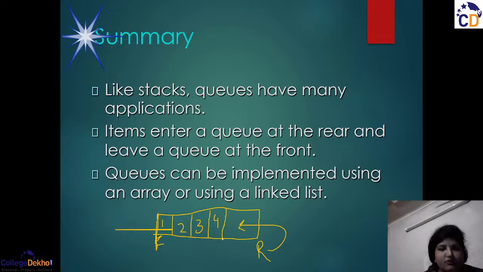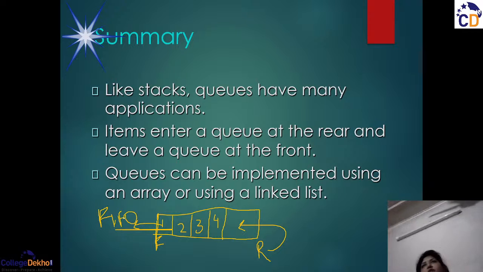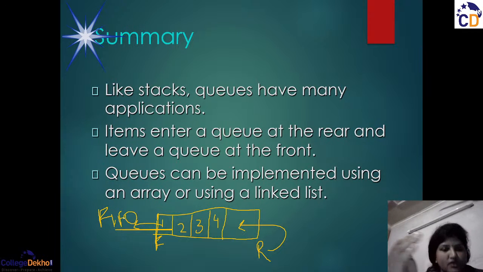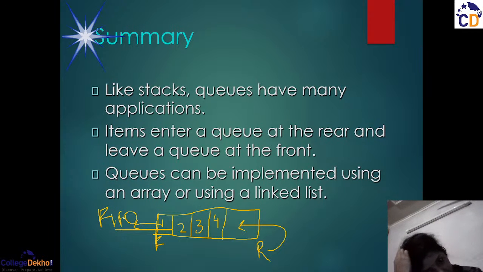Have you observed which type of sequence it is maintaining? The element which is first inserted is coming out first. It follows FIFO order. First in, first out. So it is very important when we talk in terms of stacks and queues. Stacks follow LIFO order, last in, first out.